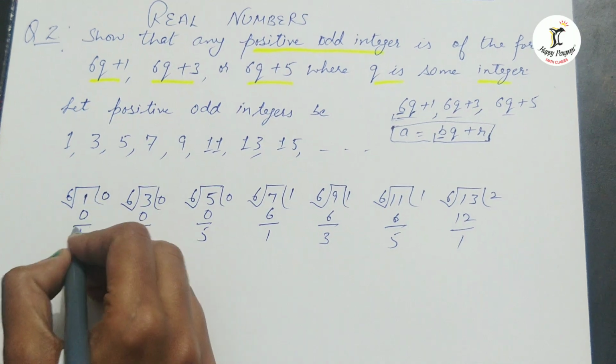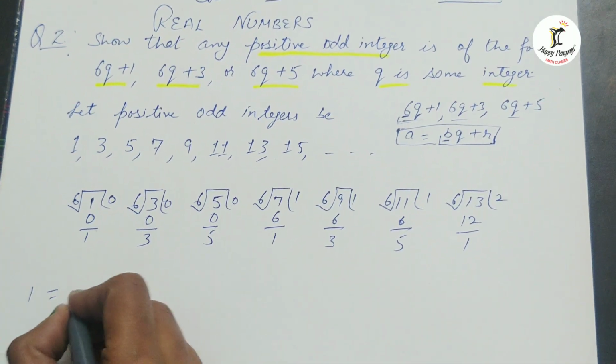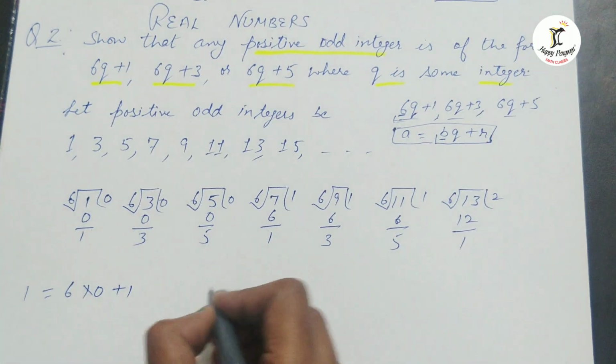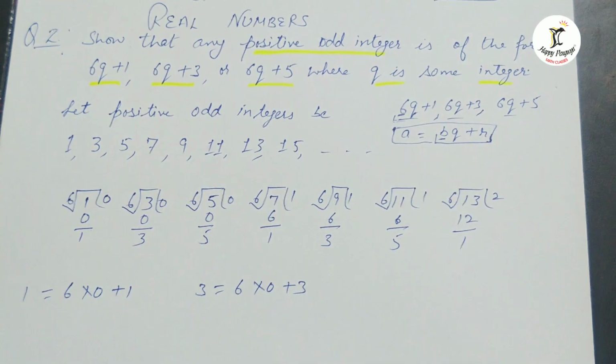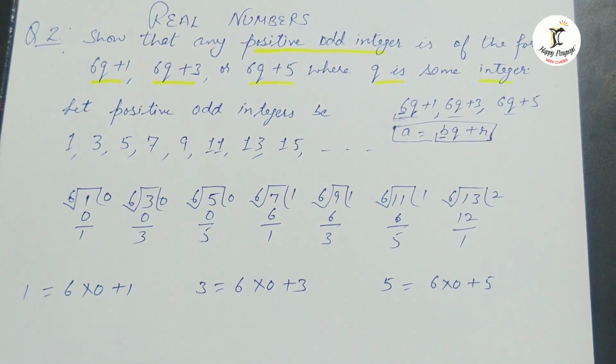Now represent these numbers in the form of this. 1 can be written as 1 is equal to 6 into 0 plus 1. 3 is 6 into 0 plus 3. 5 is 6 into 0 plus 5.